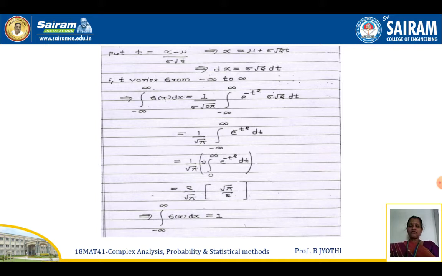By using the rule of integration, minus infinity to plus infinity can also be written as twice the integral from 0 to infinity of e power minus t square dt. So 2 can be taken outside, 2 by root pi. When we substitute the limit for the integration of e power minus t square dt, by using the gamma function, which is a standard one, we get root pi by 2. So everything gets cancelled and it equals 1.